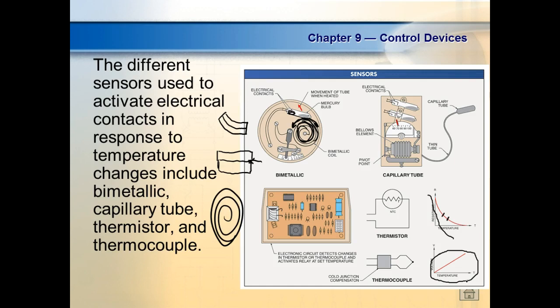Which means if I knew this thing gave me 10 volts for 100 degrees, if it gave me 5 volts, I'd know it was 50 degrees. I've said it wrong because I started with 10. If it gave me 2.5 volts, I would know it was 25 degrees, right? You understand? So it gives me a voltage that is proportional to temperature.